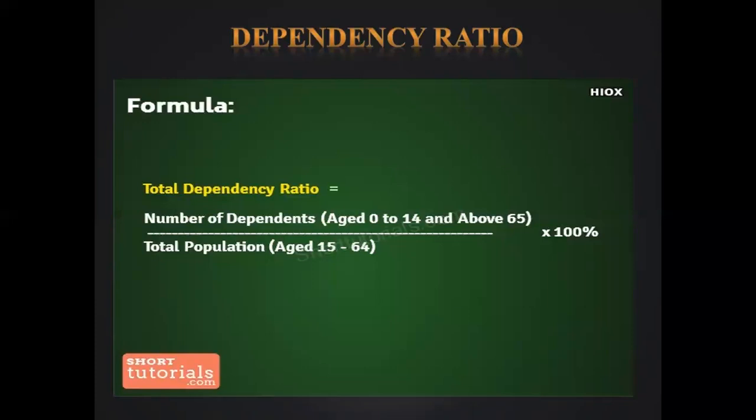Dear cadets, now the formula of dependency ratio. The total dependency ratio equals the number of dependents, that is aged 0 to 14 and above 65, divided by the total population aged 15 to 64, times 100.